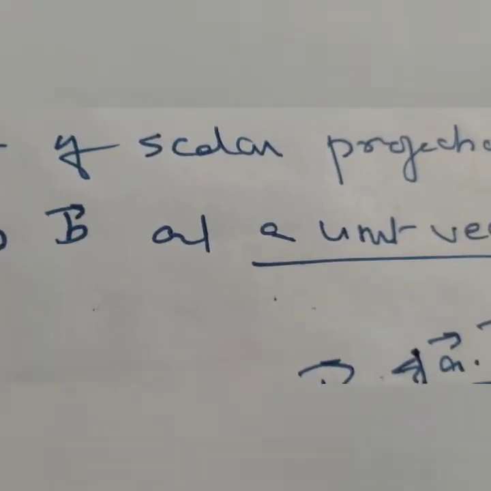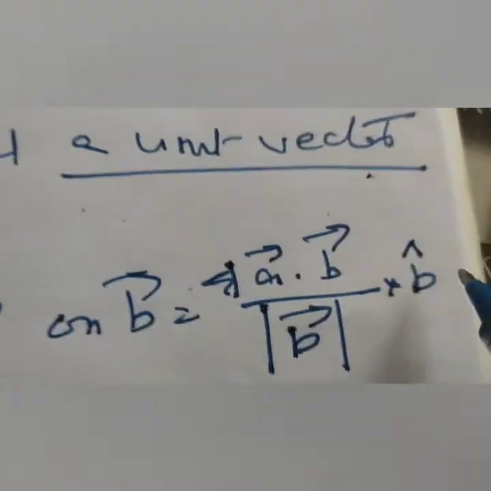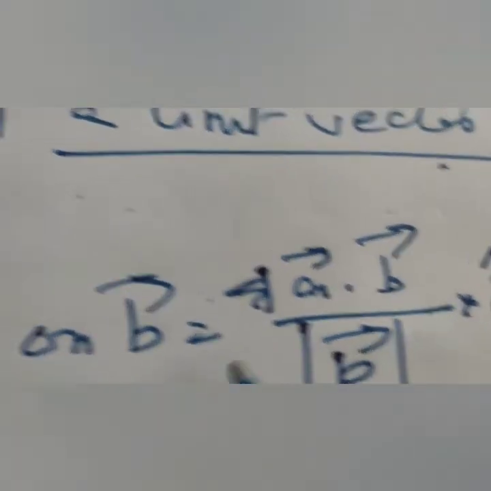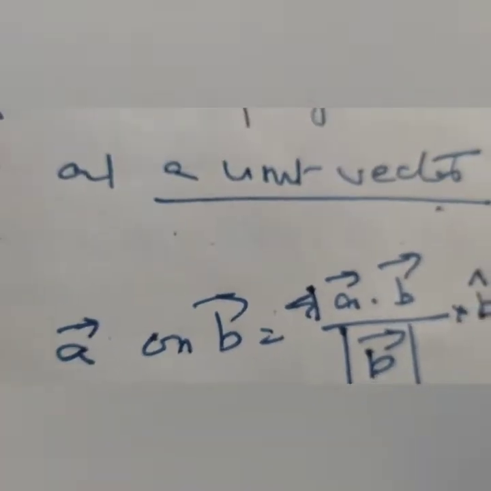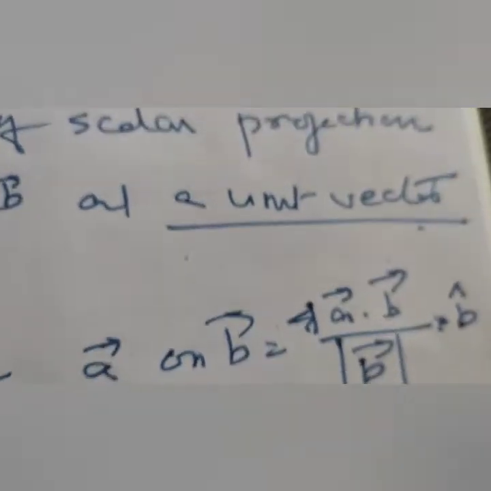The unit vector is done by this representation. So the vector projection of A on B is A dot B by modulus of B, into the unit vector of B.